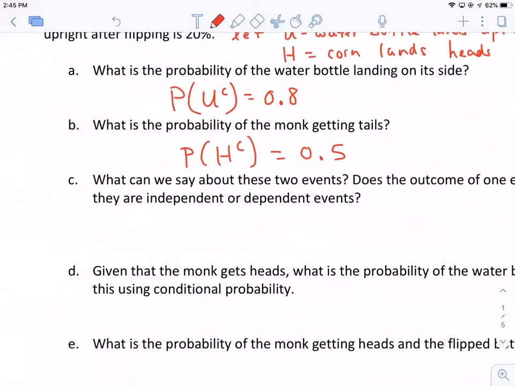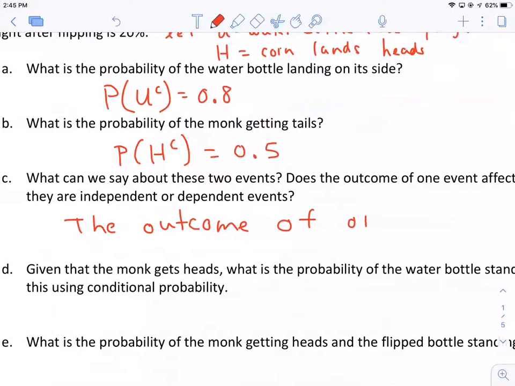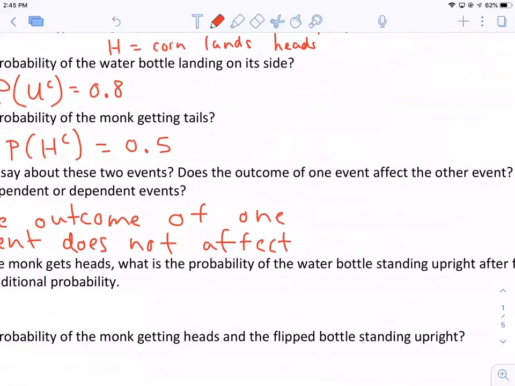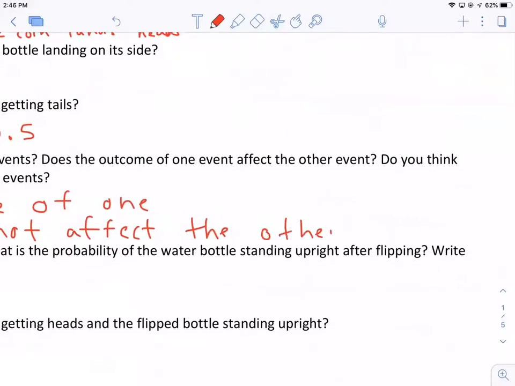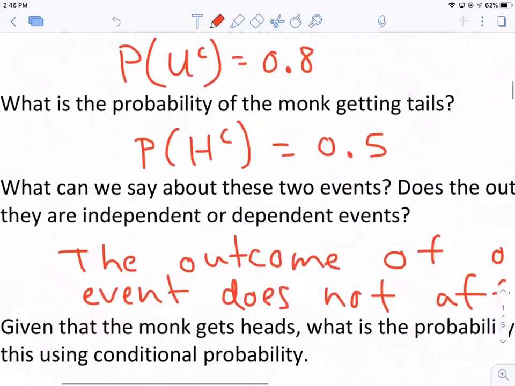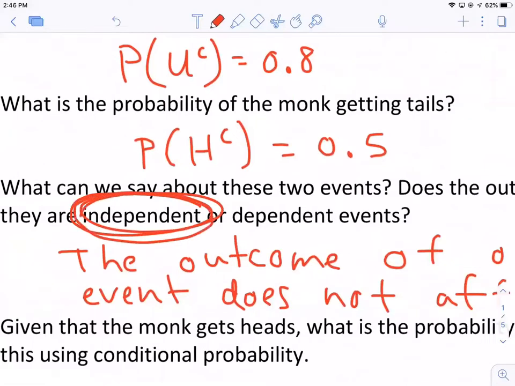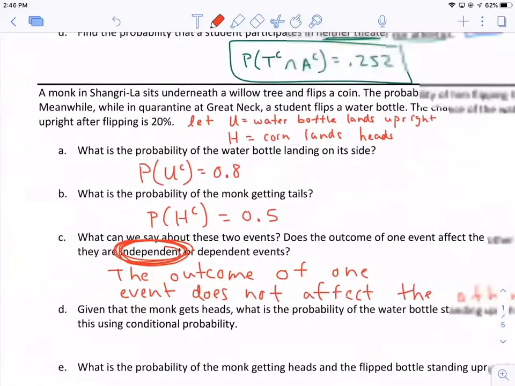The outcome of one event does not affect the other. And we call events like this independent events, because if you're independent, you stand by yourself. Whereas two events that do affect each other are going to be called dependent events.